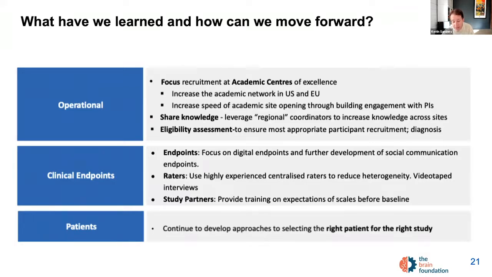With endpoints, I think we all can agree that we need to find better ones. The last box here, but certainly not the least, and maybe the most important, is we've been painfully reminded again how heterogeneous the ASD population is, and how we need to continue to develop ways to select the right subsets of individuals for our treatments.